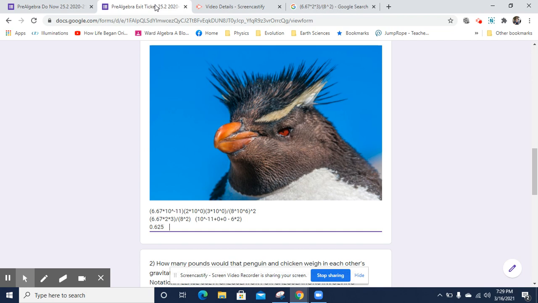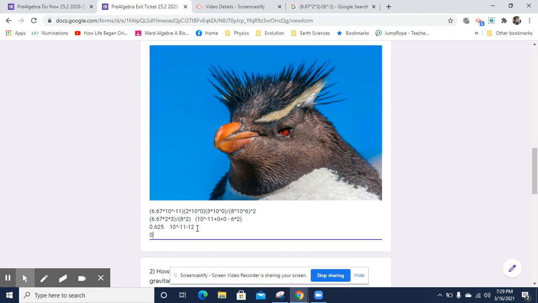And then over here, negative 11 plus 0 is just negative 11, and 6 times 2 is 12, so it's going to be 10 to the negative 11 minus 12, and that'll be 0.625 times 10 to the negative 23rd newtons.